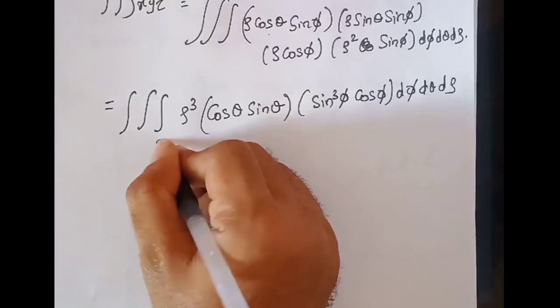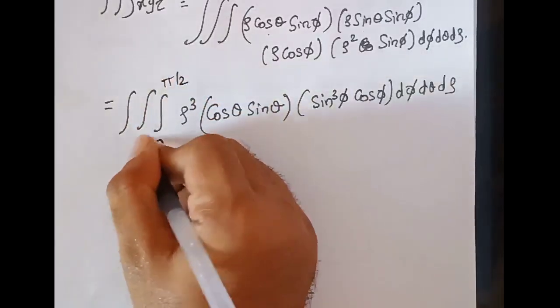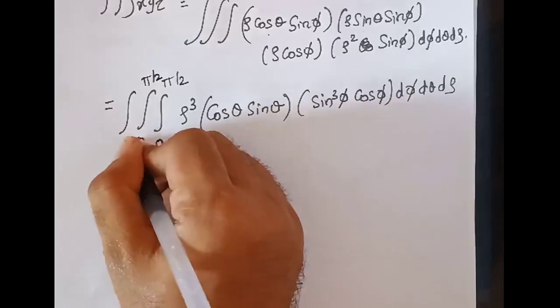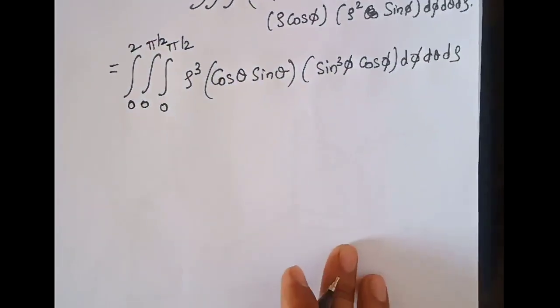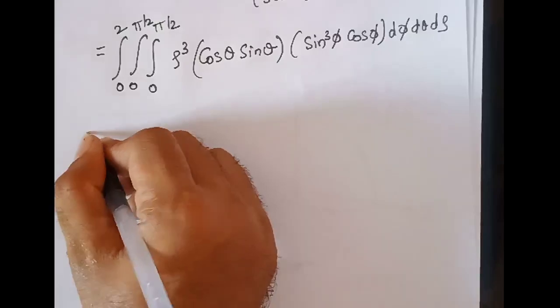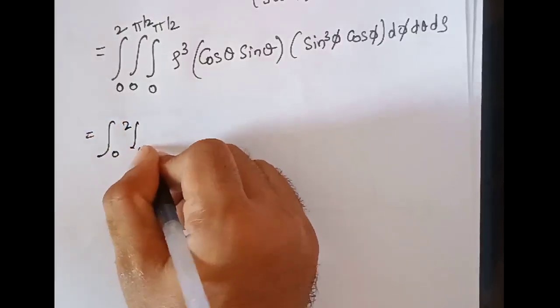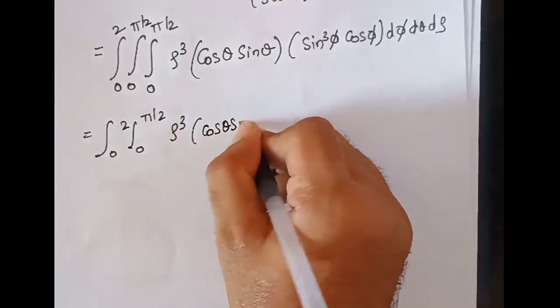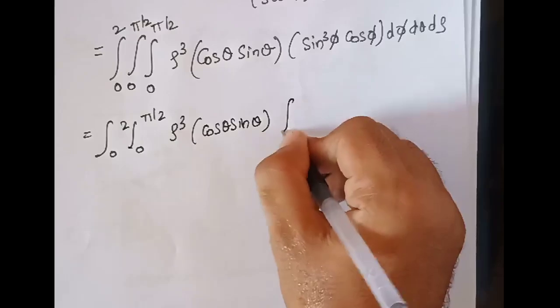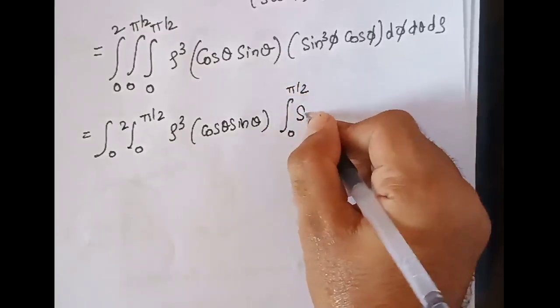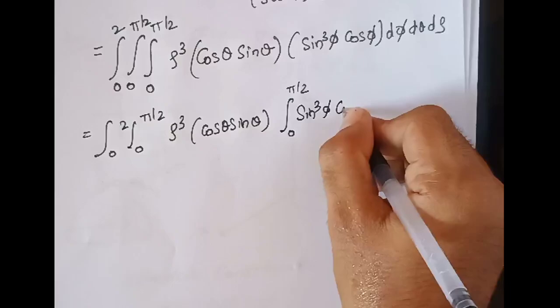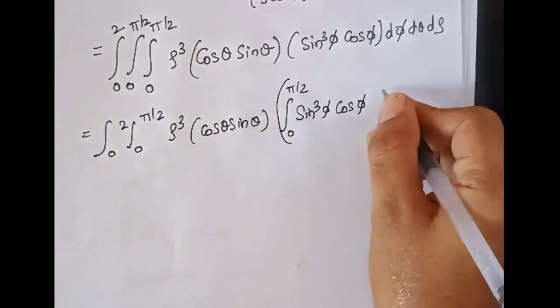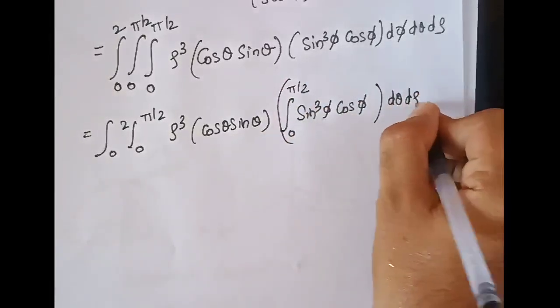Phi varies from 0 to pi by 2, theta is also from 0 to pi by 2, and rho is from 0 to 2. So we will integrate them one by one.